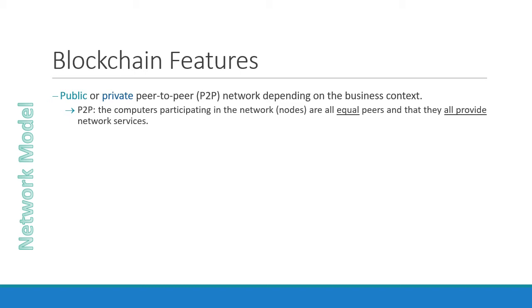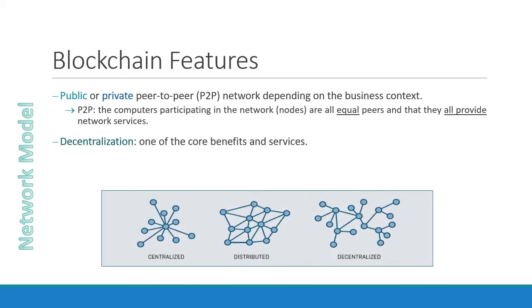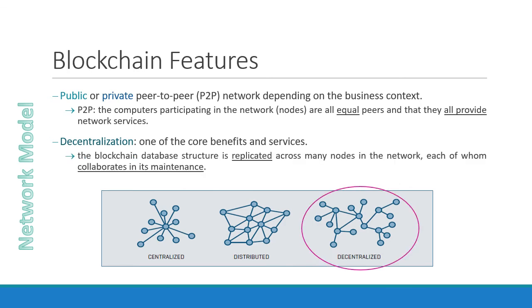Also, one of the core benefits of the blockchain is decentralization. The ledger is decentralized in the sense that the blockchain database structure is replicated across many nodes in the network, each of whom collaborates in its maintenance.